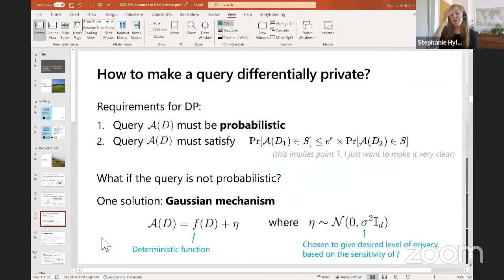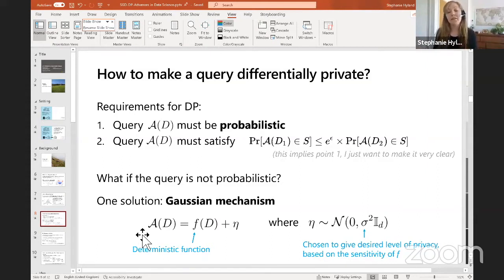So how do we actually make a query differentially private? Oftentimes, when we think about queries on a database, they're not probabilistic. But in order for us to have the probability bounded, we need some notion of a probabilistic query. So the way that we would do this is we take what is potentially a non-probabilistic query, some function, like compute the average income over my database, or compute what fraction of people have HIV.